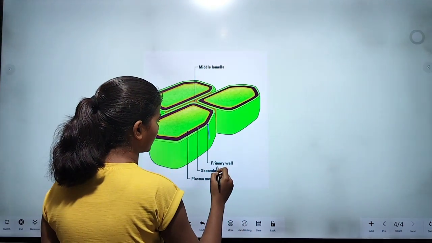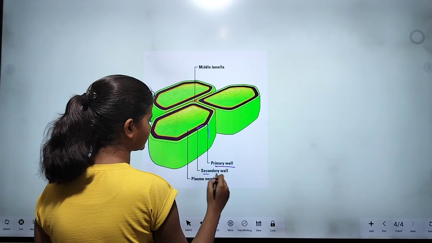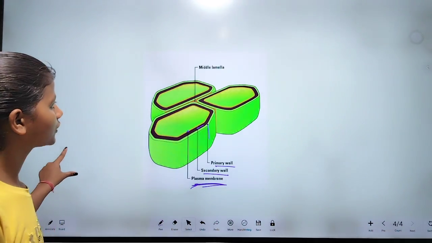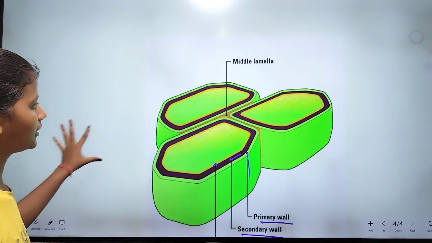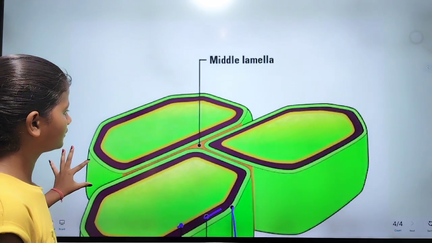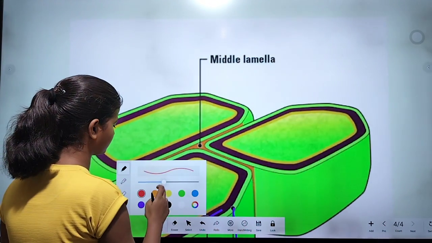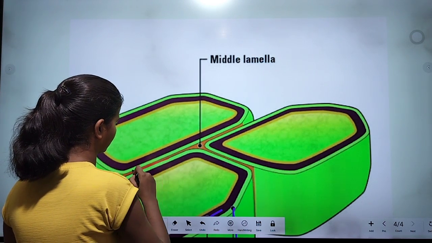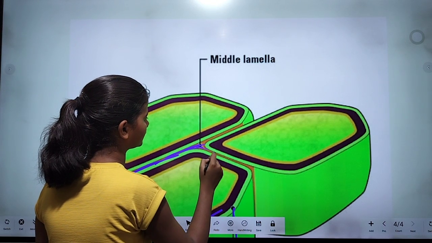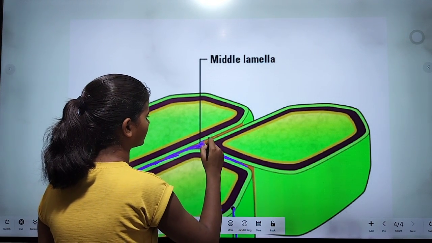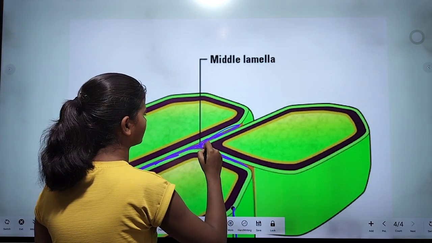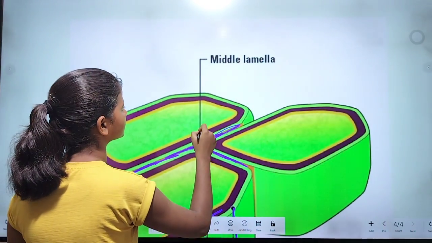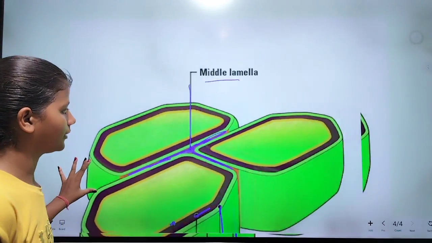This one is our primary cell wall, here is our secondary cell wall, and this one is our plasma membrane. This is the middle lamella, present between cells, that helps to connect two or more adjacent plant cells.